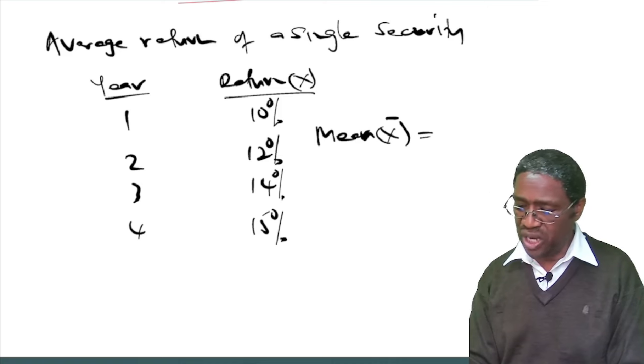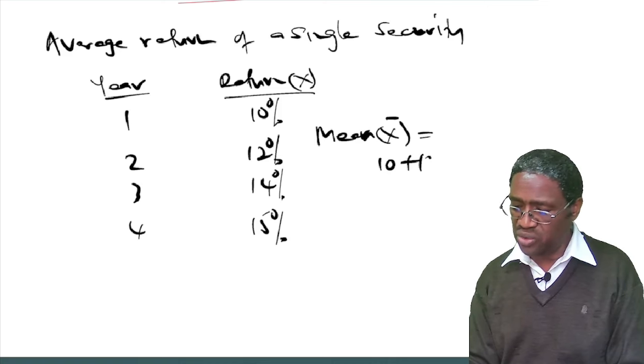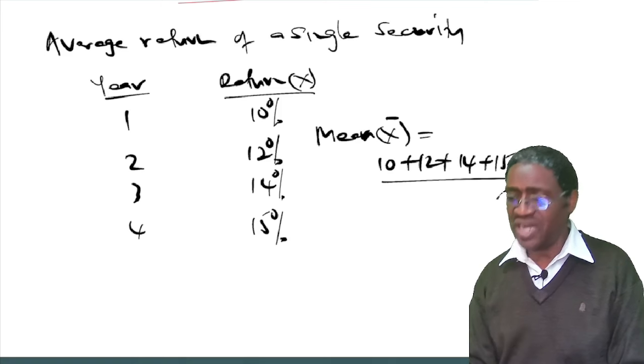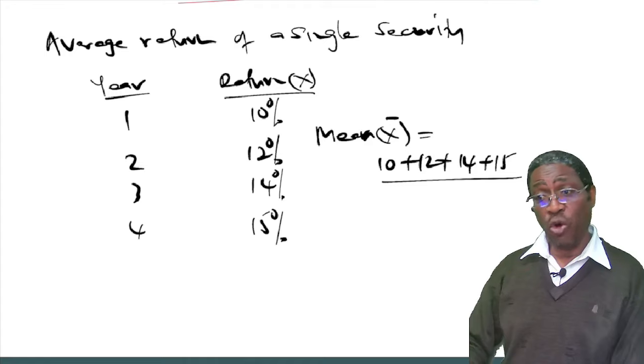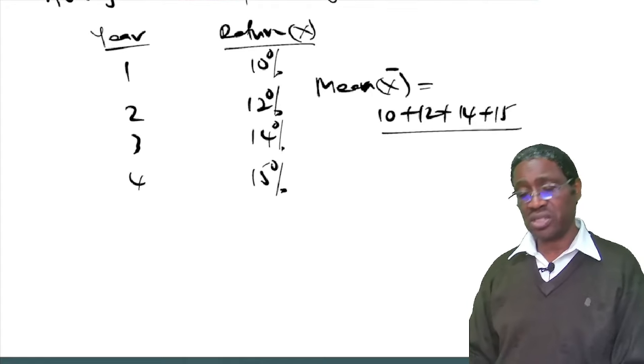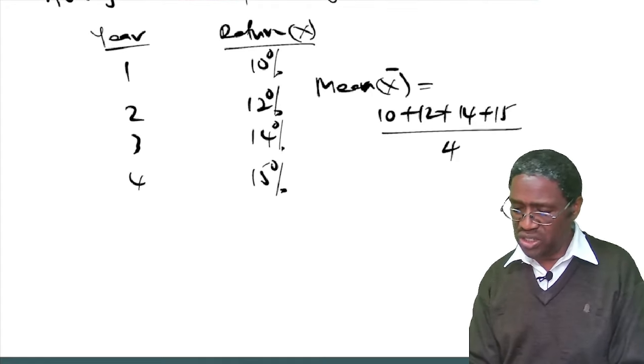For example, here I will say 10 plus 12 plus 14 plus 15. I divide that by the number of observations, which is how many years? 4 years. Good. So what is the average return?